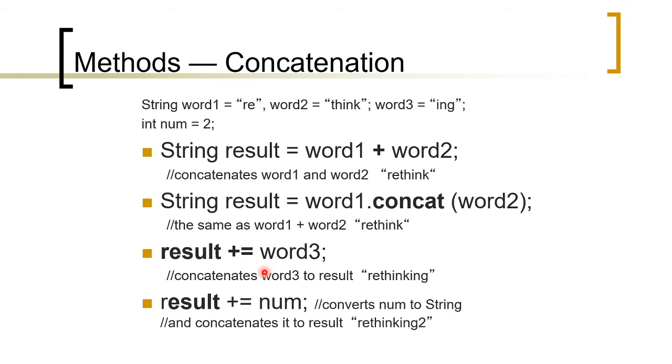That means that is "rethinking". So result plus equals num converts num to a string. If you concatenate an integer type variable, let's say num, it will be converted to a string explicitly.